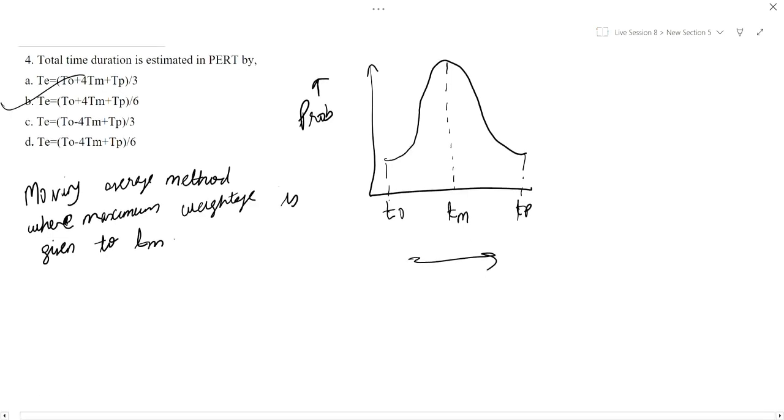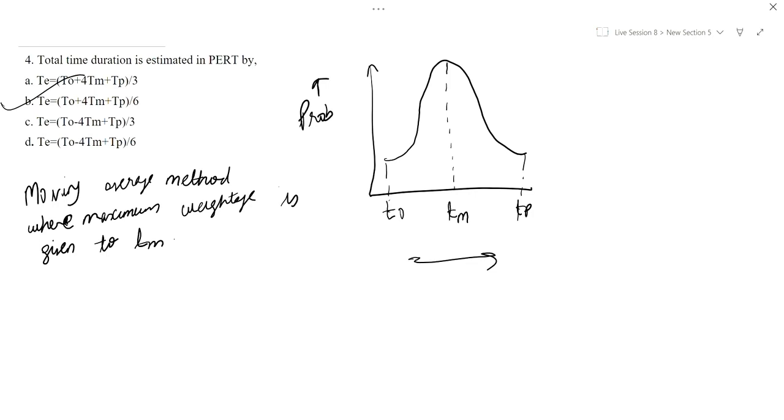And we know what PERT is. PERT is project evaluation and review technique, or program evaluation and review technique, and it is used for uncertain projects, based on 3 time estimates to complete an activity.